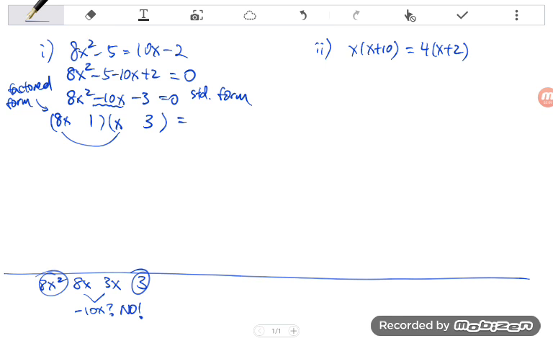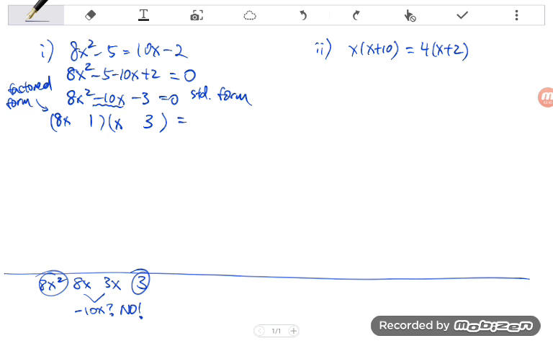However, when I have 8x times 3, that's going to give me 24x, and this is going to give me x. There is no way that I can get negative 10x from the x and the 24x. So I'm not even going to bother trying that. In other words, the way I set it up right now, it still doesn't work. So we have to try another method.